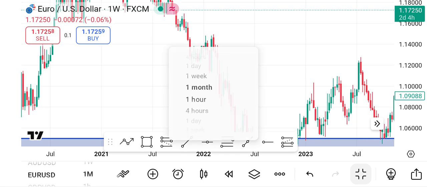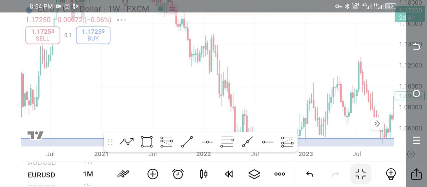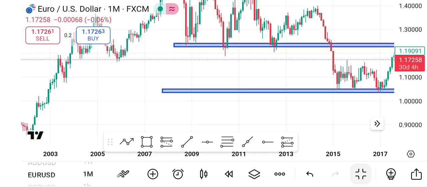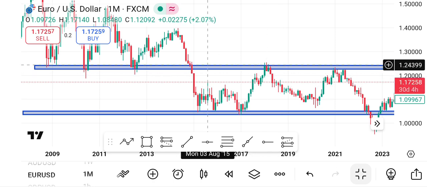Let me show you. The laws of price action state that after a long rally, price falls.